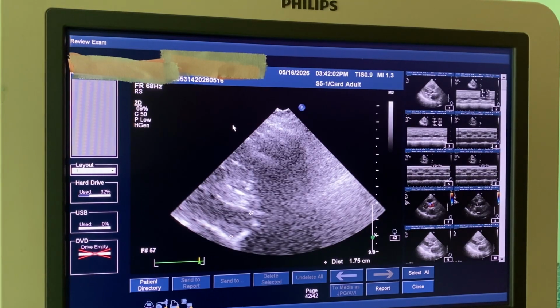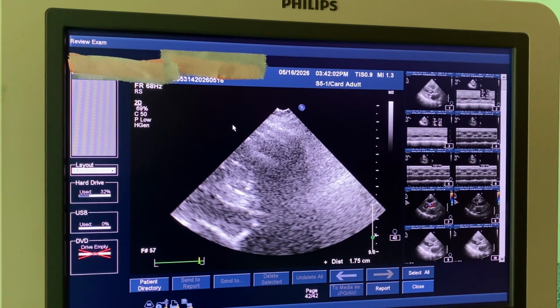Again, 11 falls in the mild range, that is for the mean. So by these three, this is mild AS.